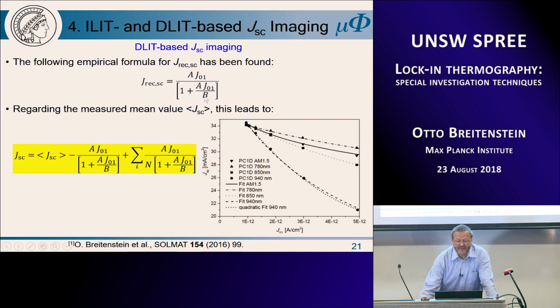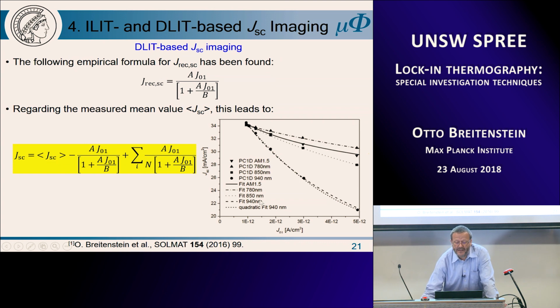And regarding the measured values and mean value of JSC, this leads to this relatively simple formula that the local JSC is the average of the JSC minus this current loss, and plus a correction factor which serves so that then the average of JSC is again this one.